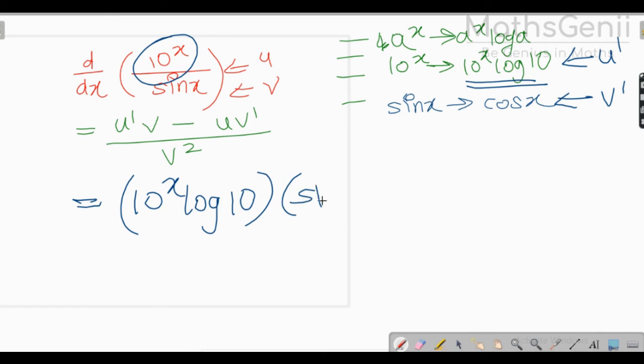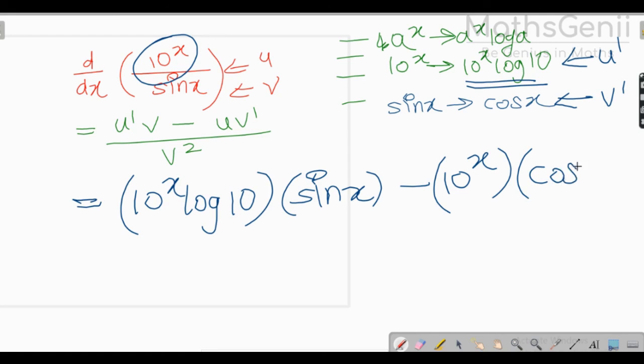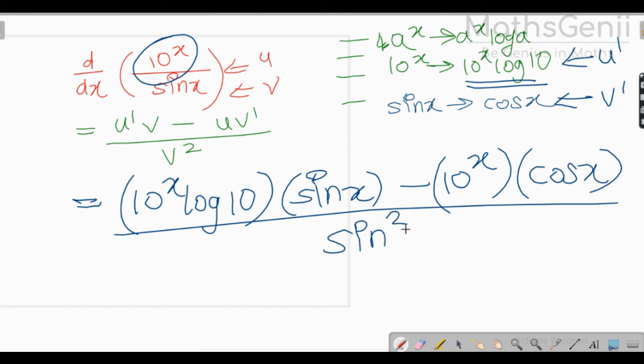V is sin x, minus u. U is what? 10 raised to x, into v dash. What is v dash? Derivative of sin x, it is cos x, upon v square, which is sin square x.